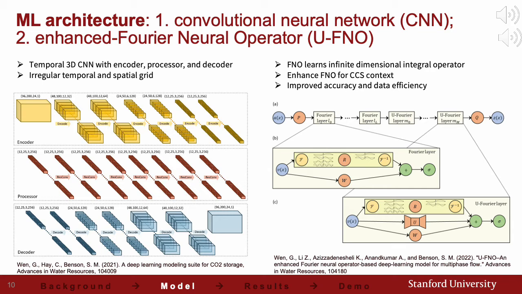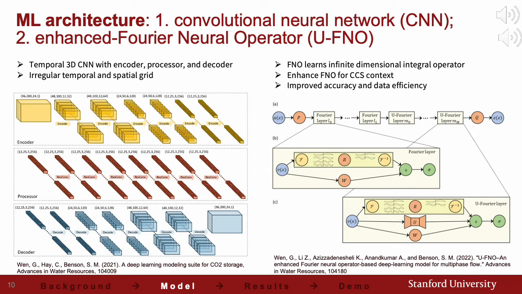Although this type of architecture has been used in some other applications, in our application we have a twist where we use an irregular temporal and spatial grid. We use these because for CCS problems, the time frame that we consider is often very long, and we need more refined time snapshots near the beginning of the injection and fewer time snapshots near the end of the injection.